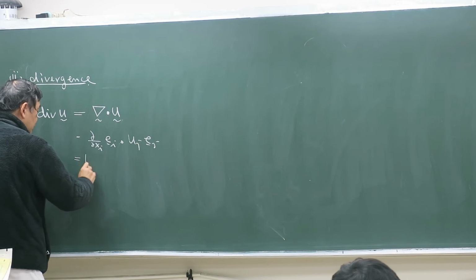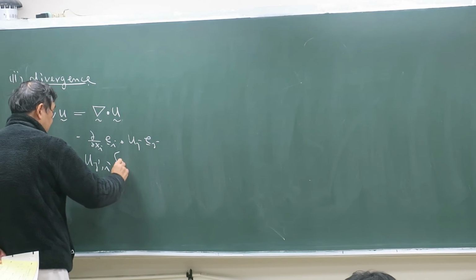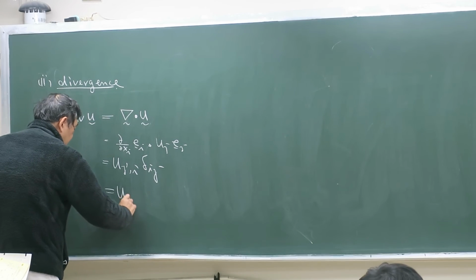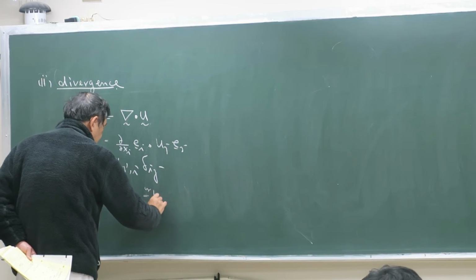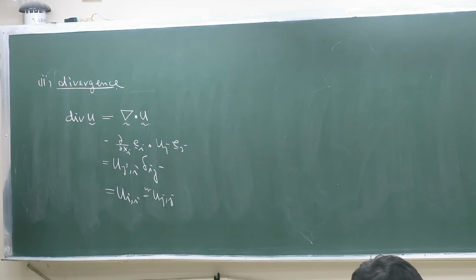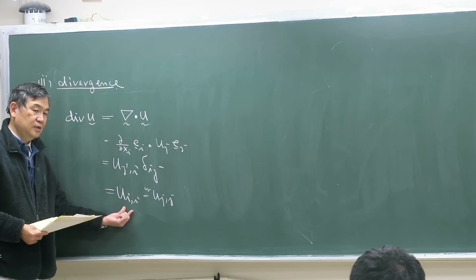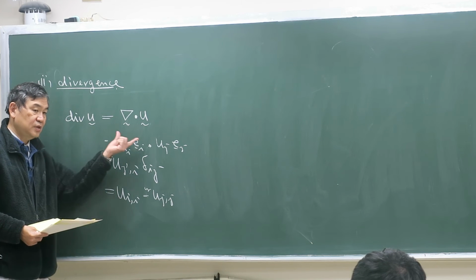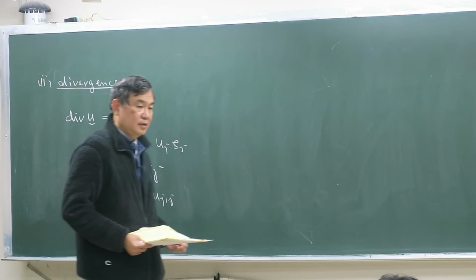So that will be uj comma i delta ij, which is equal to ui comma i, or ujj. So when you see this repeated index with the comma there, this is called divergence, the vector divergence.